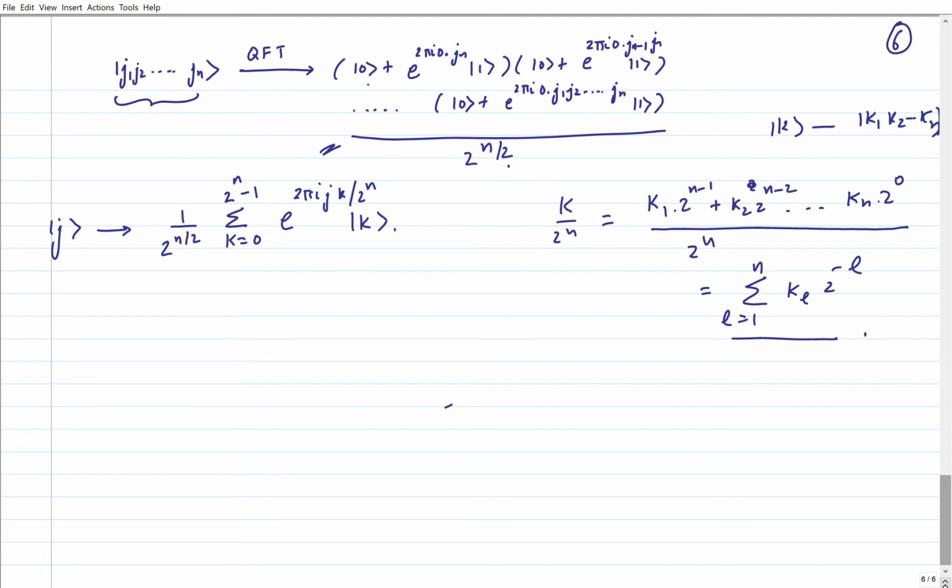Okay, so that's going to be useful. We are going to use this technology over here, and what we are also going to do is that we are going to express k in terms of its binary representation. So when the smoke clears, what it gives is the same normalization constant back over here, and I'm going to sum over a lot of things.